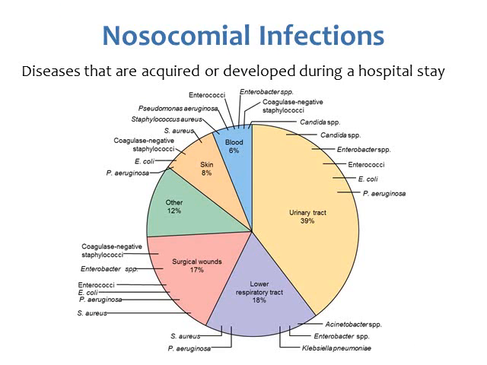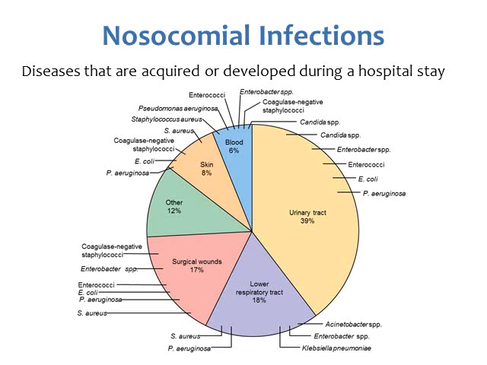In addition to these types of infections, we also have what are called nosocomial infections, or I think they actually changed the name. They're called hospital-acquired infections now, so HAI. These are diseases or infections that a patient acquires and develops during a hospital stay. These hospital-acquired infections are very bad. It's usually due to the hospital staff not cleaning things like they should, not taking care of the patient like they should.